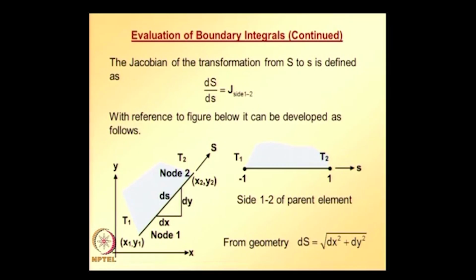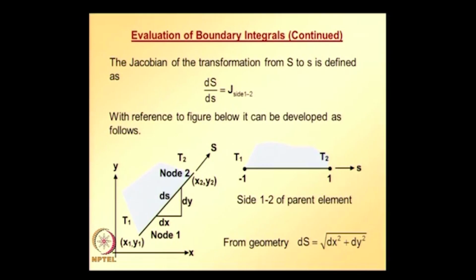And now we just found the derivative of x with respect to s, and derivative of y with respect to s. So, now we have this relation, that is d capital S is equal to square root of dx square plus dy square from the geometry of the actual element.